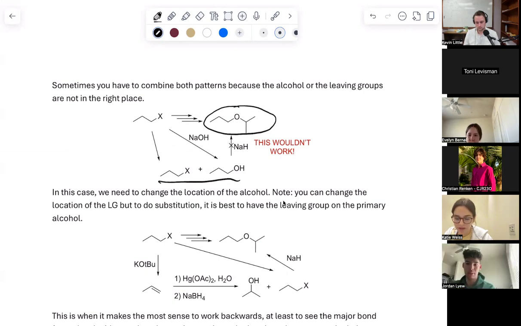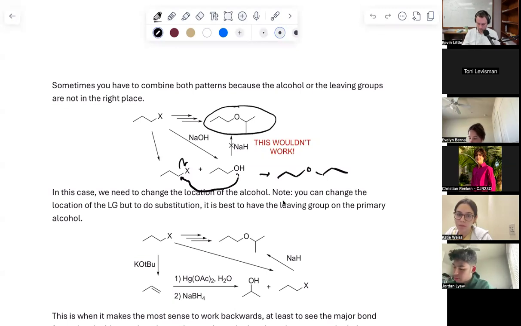Is it because the formation on the right is different? Yeah, if this were to add in here, I would get this. Is this the same thing as this? Are these the same thing? No, they're different molecules, right?